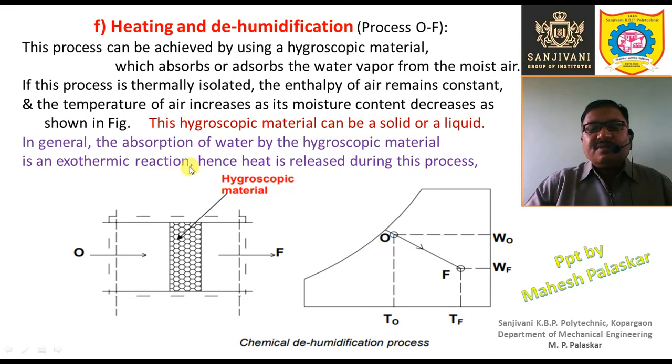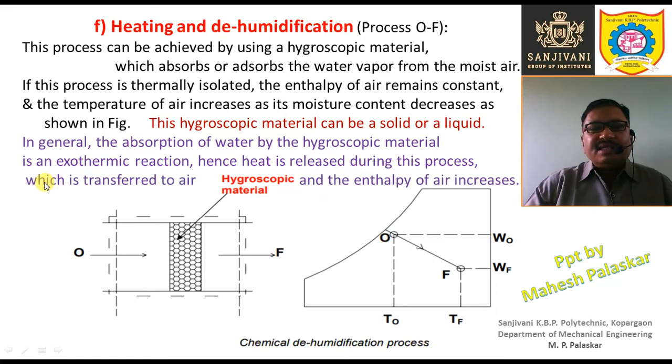So during the exothermic reaction, heat is released, and this heat is transferred to the air, and thus the enthalpy of the air increases, or we can say the dry bulb temperature of the air increases due to the heat released during the exothermic process. Okay, so this was about the heating and dehumidification.